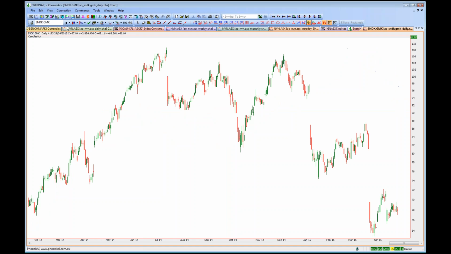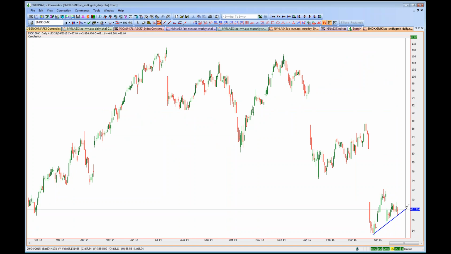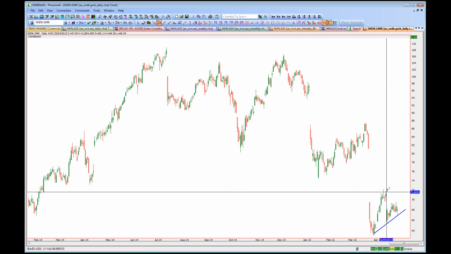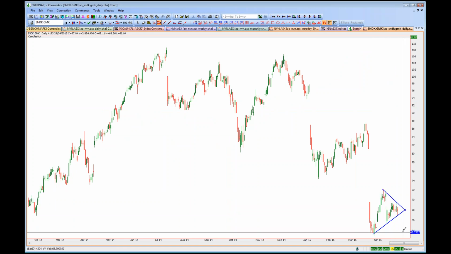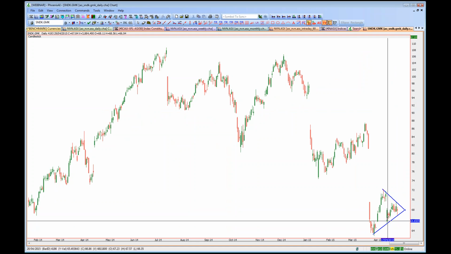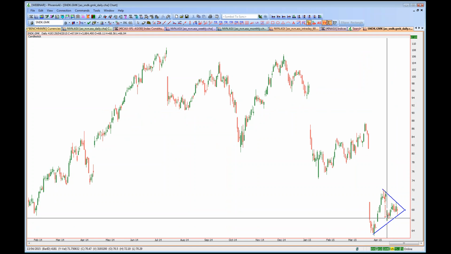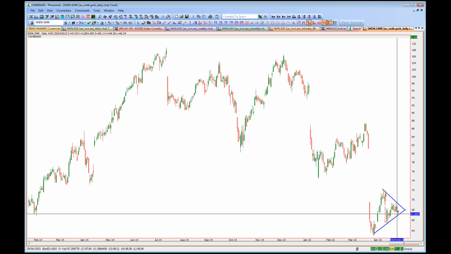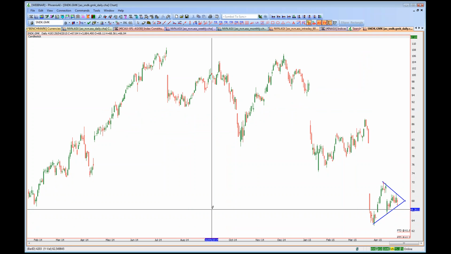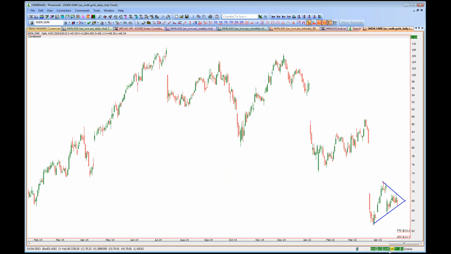Daily. It depends which way it breaks right now, but I'd be looking like so. Auto size, you can see there it is lower again. So that's the way I'd be treating it. This is showing that it's got lower prices to come.